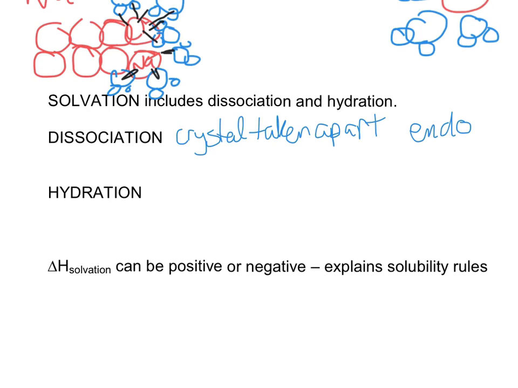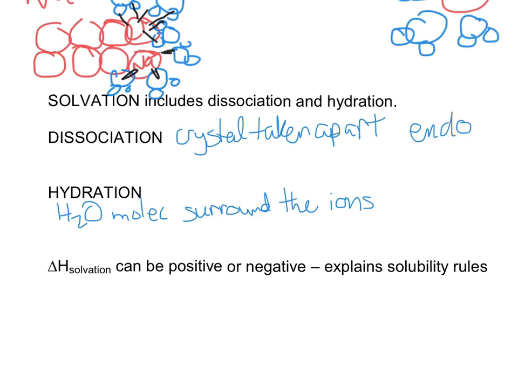So you've got the dissociation where the crystal is being taken apart, but the other part is hydration. Hydration means that the water molecules surround the ions, just like we saw with the example above.